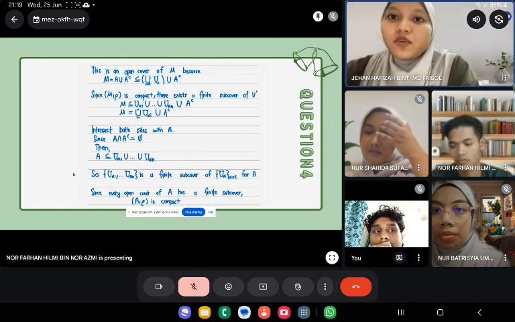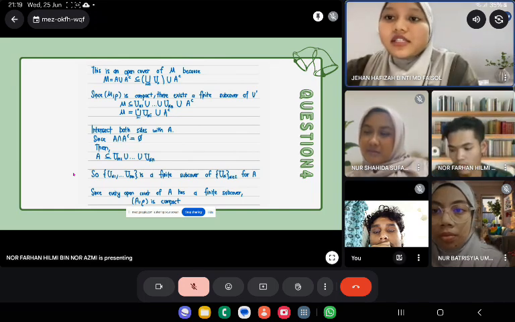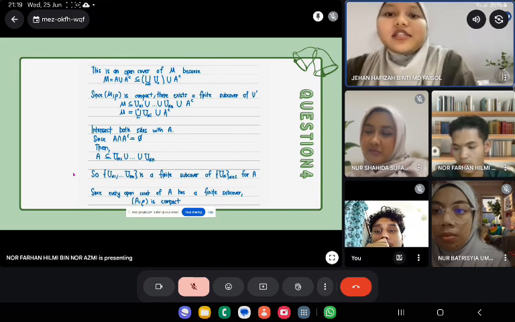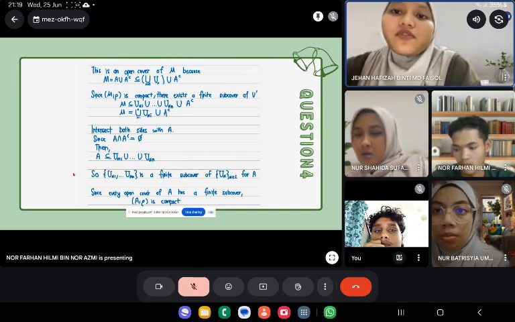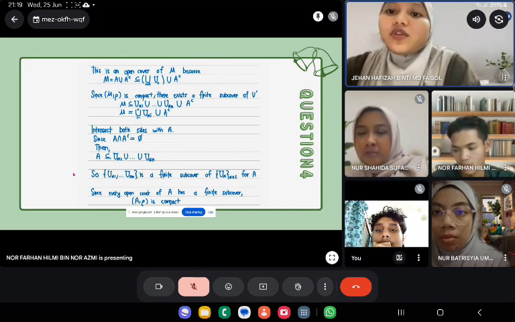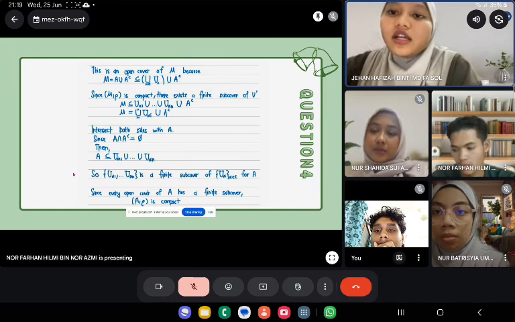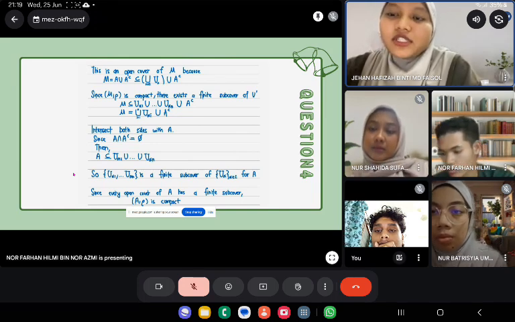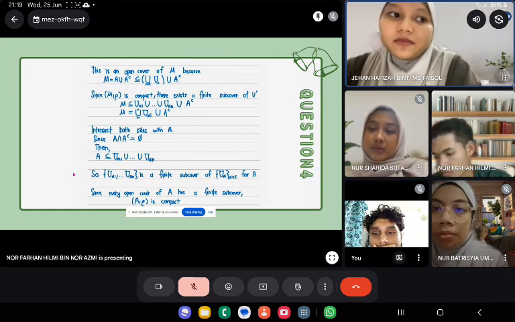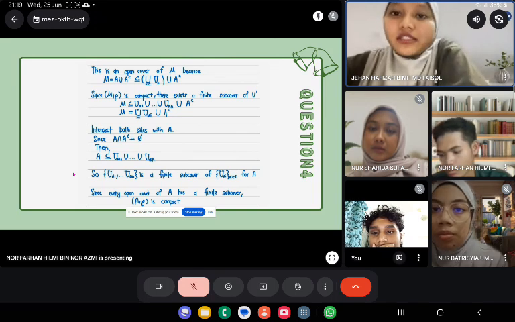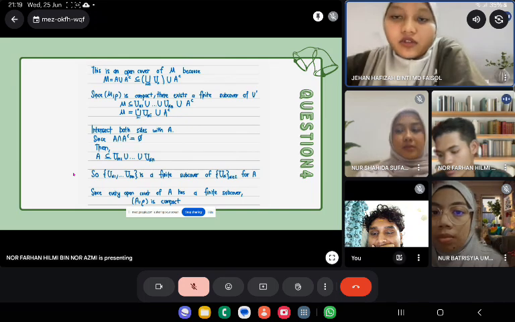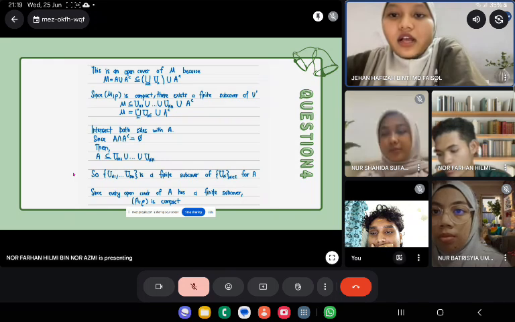And since (M, rho) is compact, there exists a finite subcover of U prime, which is M a subset of V alpha 1 union V alpha 2 till V alpha n, union with A complement. Or we can say M equals the union for i running from 1 to n of V alpha i, union with A complement.